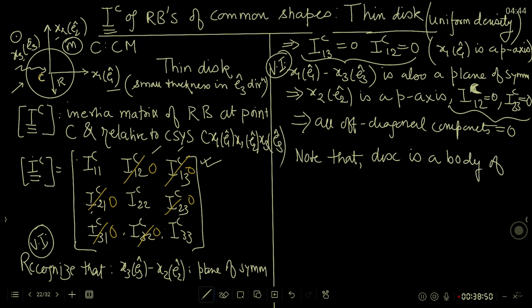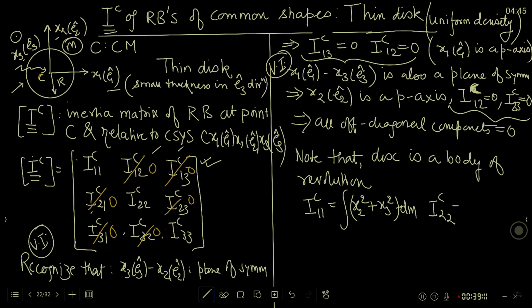And thus IC11, which will be the integral of x2 square plus x3 square dm, and IC22, which will be the integral of x3 square plus x1 square dm, will be identical.